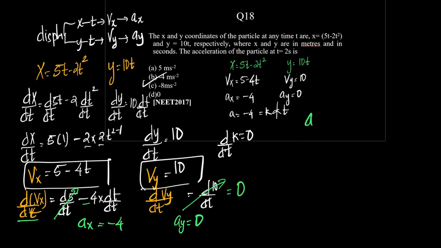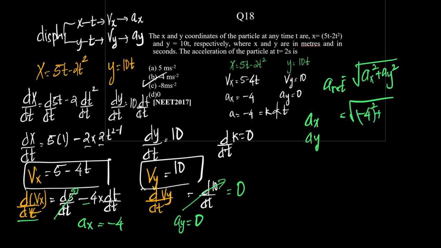So if a vector has two components, ax and ay, then what is the net vector? Net vector is equal to root of ax square plus ay square. So this will be equal to root of minus 2 the whole square plus 0 square. So a net here is equal to 2 meter per second square.